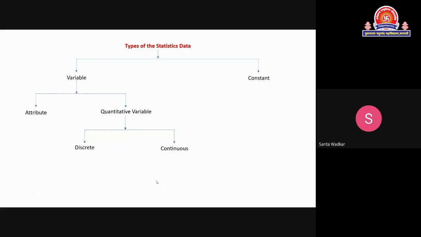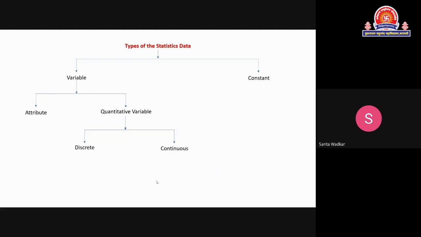For example, again the height of a student. For graduation students, it would be from 5 feet to 6 feet or 6.2 feet. So here we are taking a range. Similarly, the weight of students, from 50 kg to 80 kg or 45 kg to 80 kg. So this is also a continuous variable.